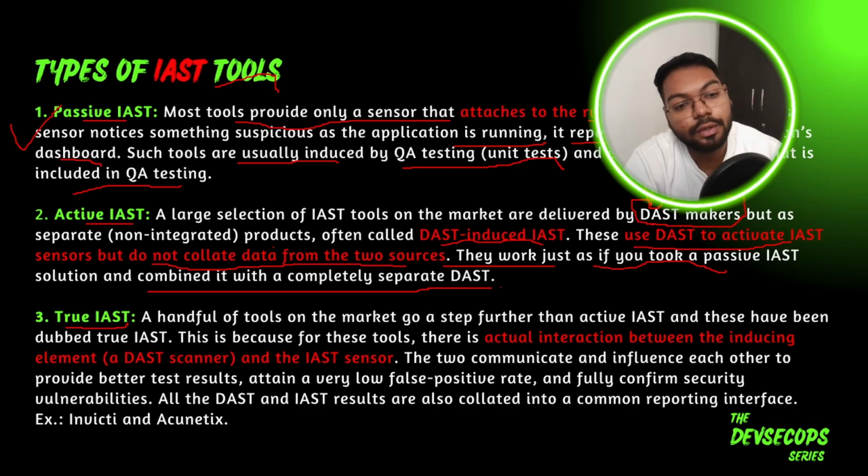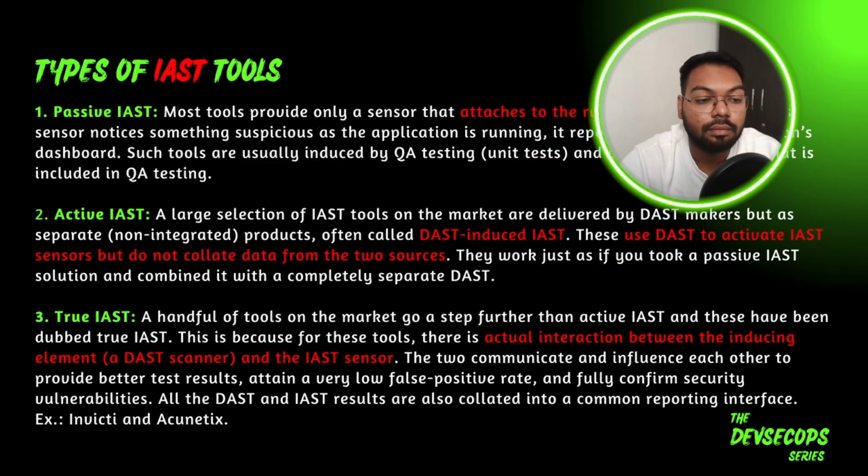You have the responsibility to collect this data and then provide it, as in the case of passive IAST, by reporting it to the dashboard. That's why it is mentioned that they work just as if you took a passive IAST solution and combined it with a completely separate DAST. That is what it means here.